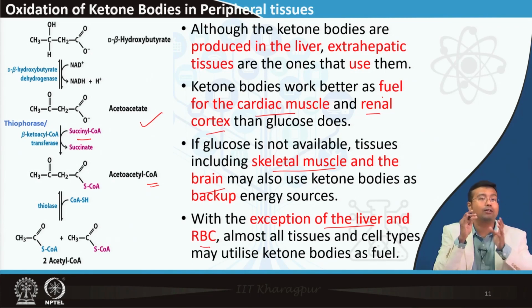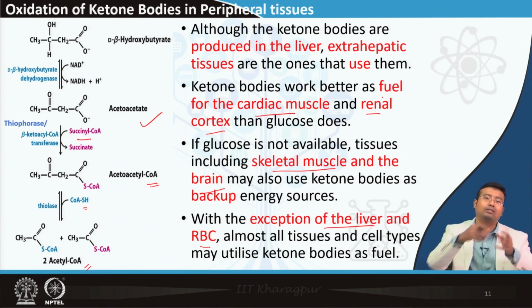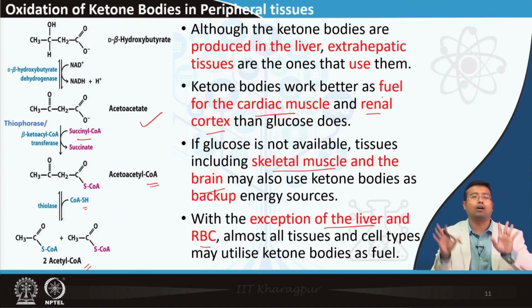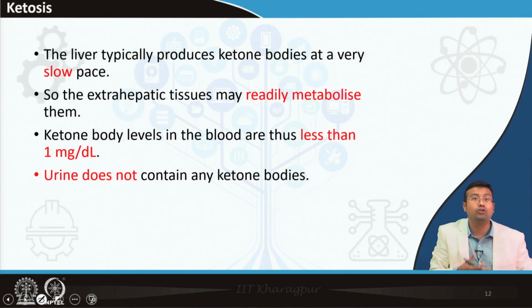I told you, whenever we are seeing thio, the sulfur group of coenzyme A is coming into action, and another coenzyme A is being incorporated, so that two molecules of acetyl coenzyme A are produced. Now, this acetyl coenzyme A can be directed towards energy utilization by various methods. Okay. So, this is how ketone bodies are used up in the periphery.